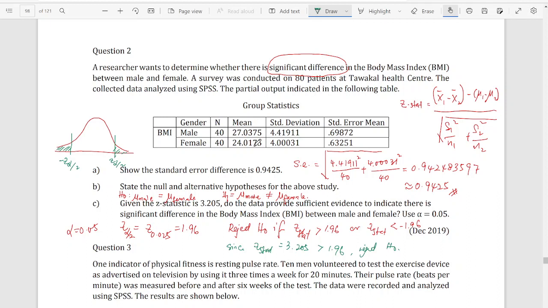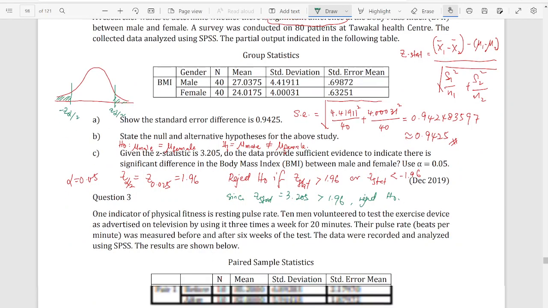So you get 3.205. So betul lah nilai yang diberi tu. So kalau katakan nilai tu tak ada, you can calculate the value. So macam nak dapat nilai Z, ambil dia punya difference mean dengan mean male dengan mean female, and then divide by the standard error. So dapatlah dia punya Z stat. Okay, ada soalan?